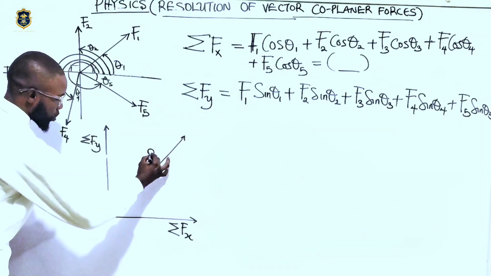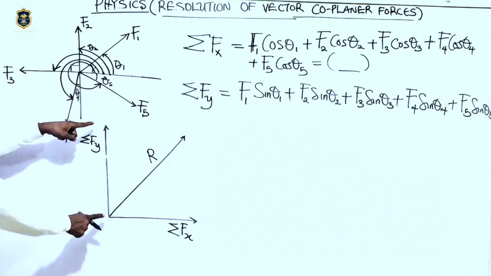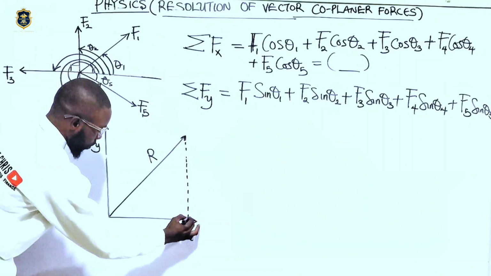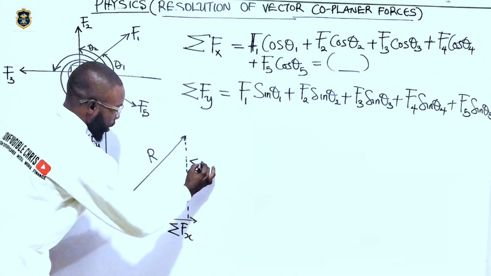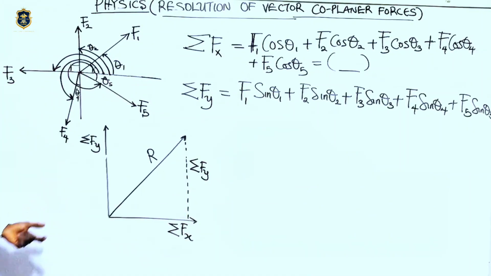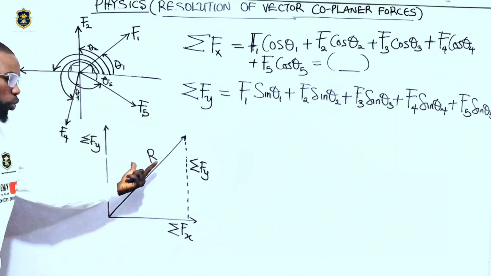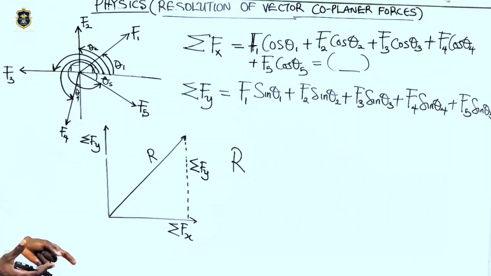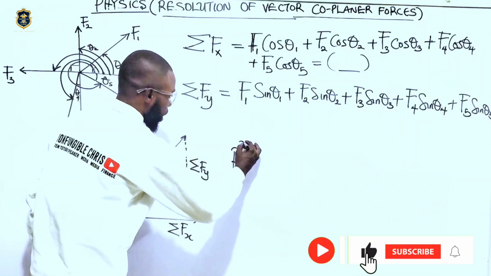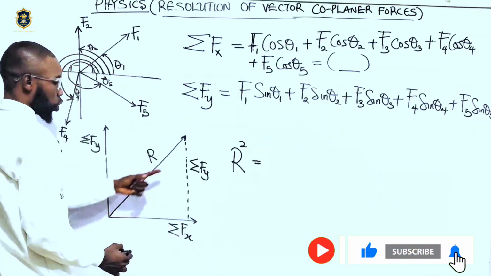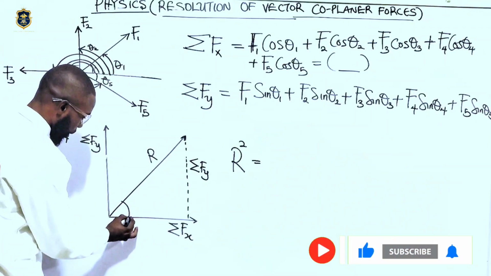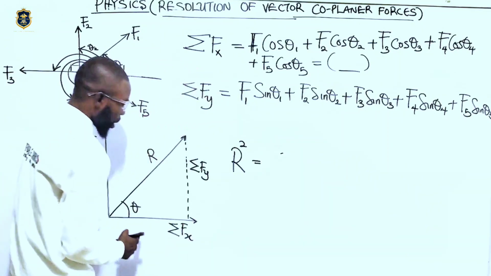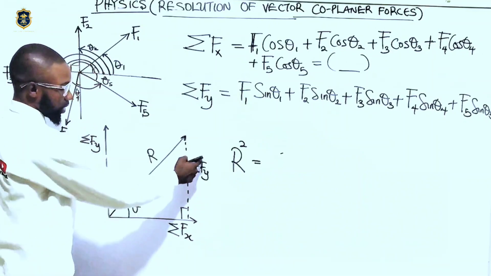I told you guys how to get the resultant force. Taking these components, we form the triangle of forces, with summation of Fy and summation of Fx. To get the resultant force R, we apply the Pythagoras theorem: the square of the hypotenuse R is equal to the sum of the squares of the opposite and adjacent, which meet at a 90 degree angle.